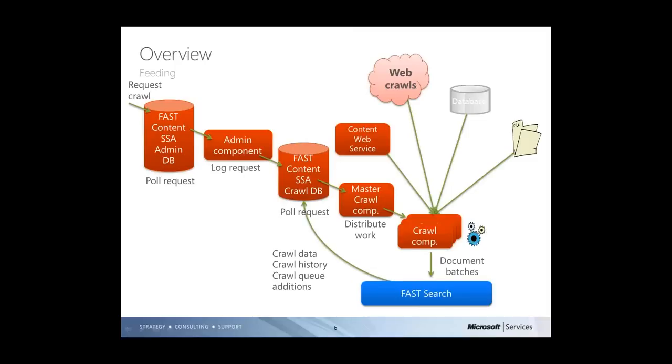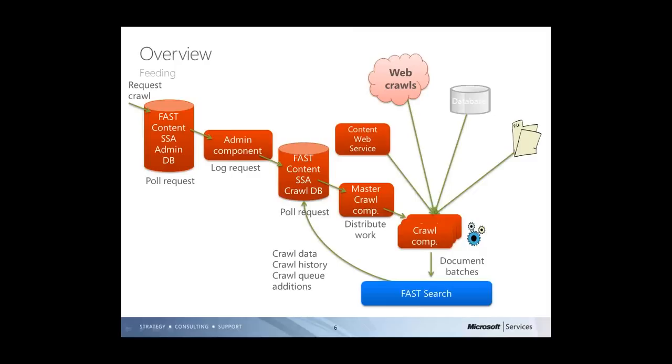From there, once the data is passed into FAST Search, it gets broken down into batches of about 100 before it gets sent to the content distributor within FAST. FAST Search will put those files into a proprietary XML called FixML before it completes an index of those documents that's searchable.